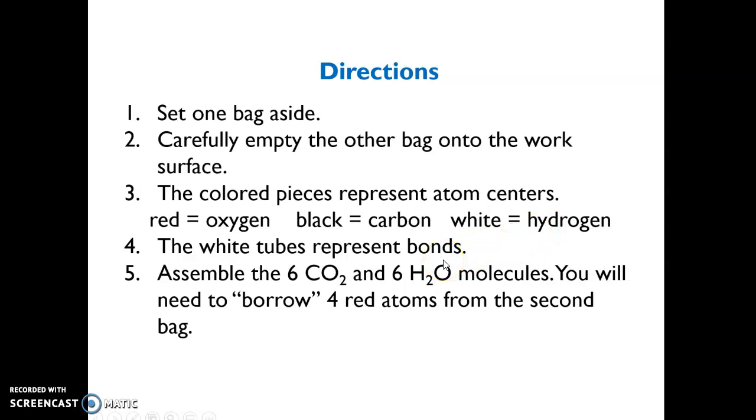The white tubes represent the bonds between the different atoms of the molecule. I'll show you those in a picture in just a minute, but what you're going to do is assemble the atoms needed for 6 carbon dioxide molecules and 6 water molecules. To do that, you will need to borrow 4 red atoms from the second bag, but that's all you'll need from the second bag.